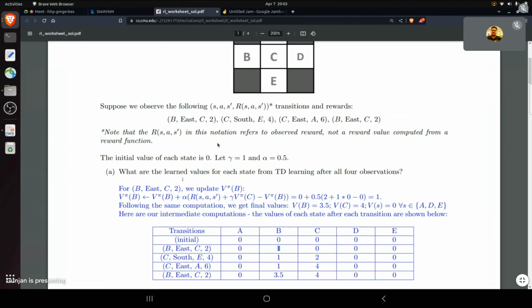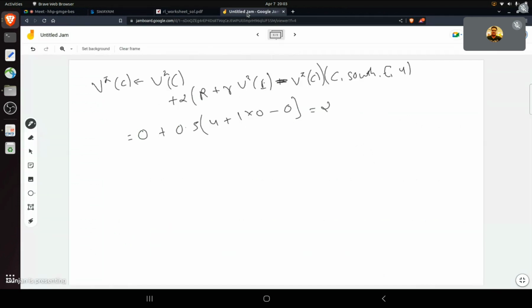Now the next sample that you see is C, east, A, comma 6. So this time V pi of C will be 2 plus 0.5 times 6 plus V pi of A. Do we have any update on V pi of A?